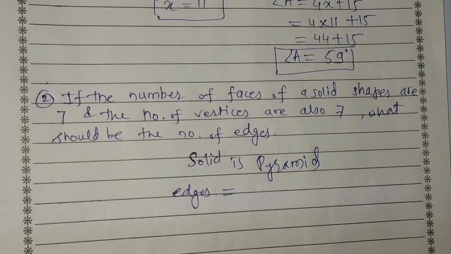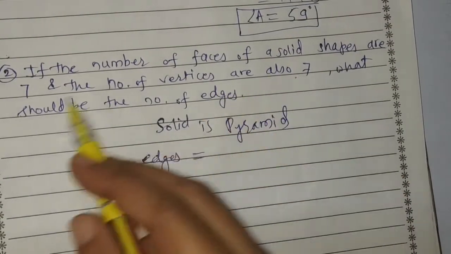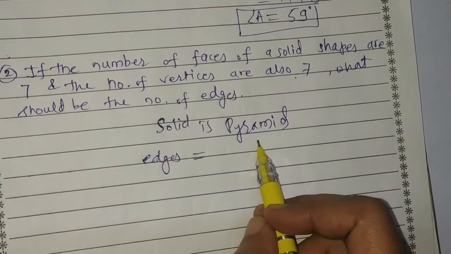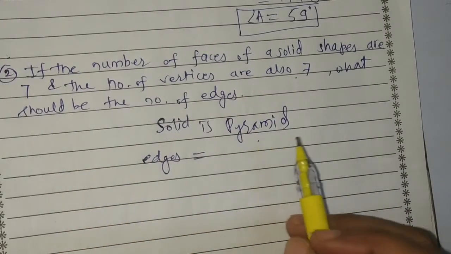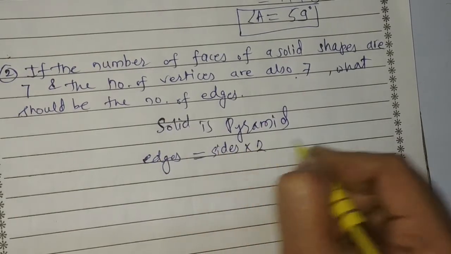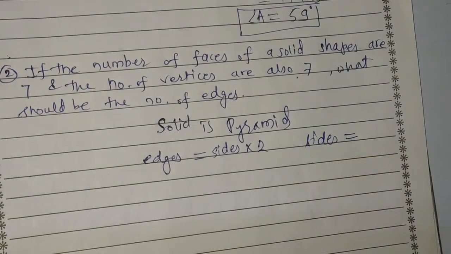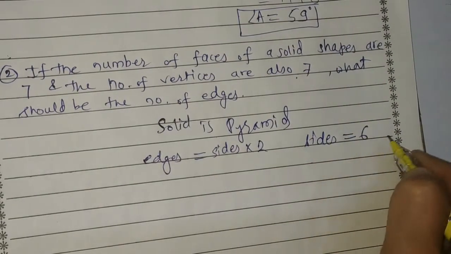So if you want to find out the edges, first of all we should know the number of sides. Here when there is 7 and 7 and it is a pyramid, then it's going to be a hexagonal pyramid, and we know that edges can be found as sides into 2. For a hexagon there are 6 sides.